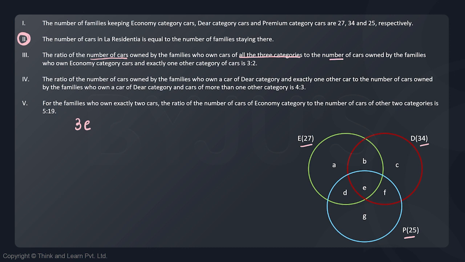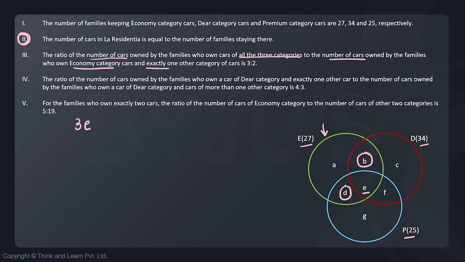To the number of cars owned by the families who own economy category cars, that means among this green circle, and exactly one other category of car, exactly one other. So a family is having economy and exactly one more. So that is economy and dear or economy and premium. I would not talk about these because they have economy and dear and premium as well, whereas it said that exactly one more category.